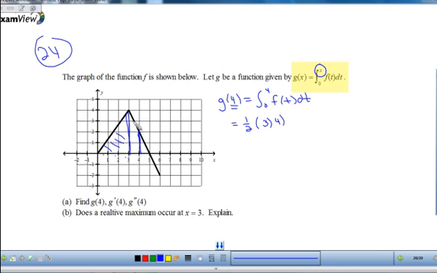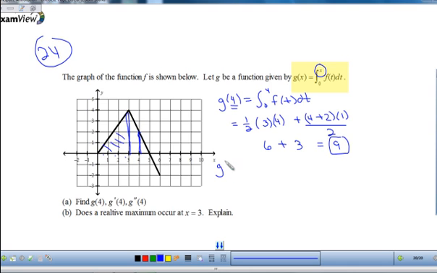This is a trapezoid, so I'm going to use the trapezoid formula: base 1 plus base 2, times the height, divided by 2. So I'm going to have 12 divided by 2, which is 6. And then 6 times 1 is 6. 6 divided by 2 is 3. So g of 4 is 9.